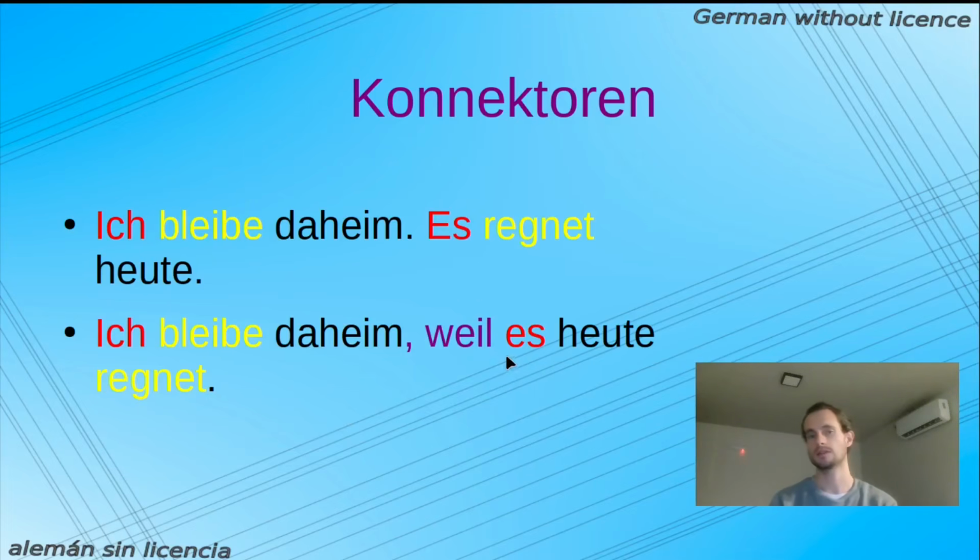In this case, you can see an odd position of the conjugated verb. So regnet is here at the last position of the subordinate clause. So that's the effect of weil, okay? Weil is changing the order of the sentence. We will see this later on in detail.